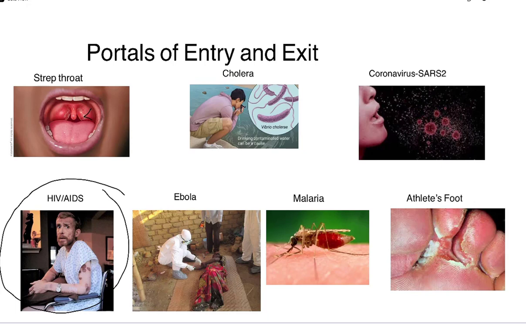And then finally, newborns can get HIV from their HIV-positive mothers through breast milk. So in that case, the portal of entry is the mouth. The portal of exit is going to be either blood, breast milk, or secretions from the genitalia, semen being the most common one. So lots of portals of exit, lots of portals of entry for that one. It's not as easy as maybe some of the others because it's got more diversity.